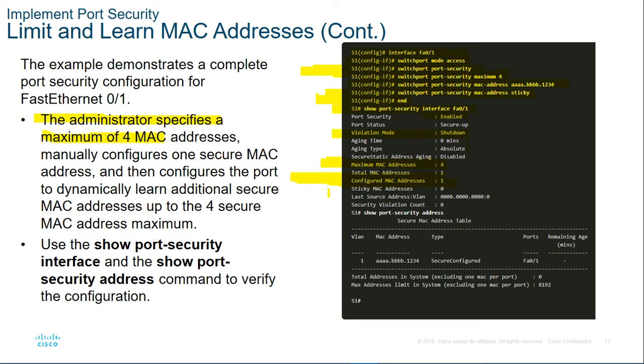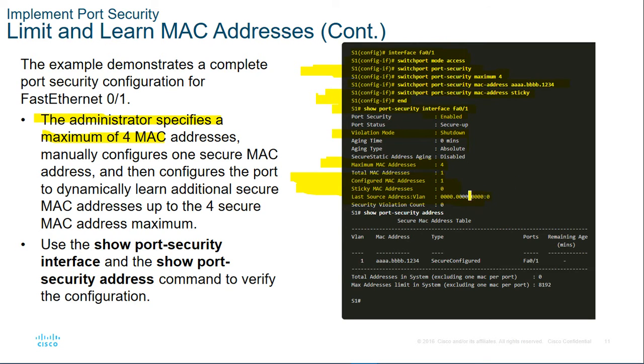And then if it learns any MAC address dynamically, you can see how many MAC addresses it learned. If you want to see the MAC address registered with the interface, you are not able to see that here. This last source address is the MAC address of the device that last accessed this interface.